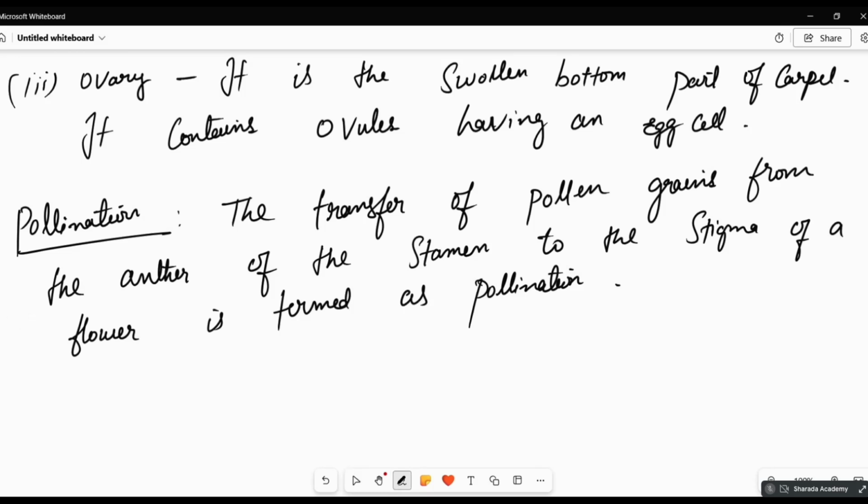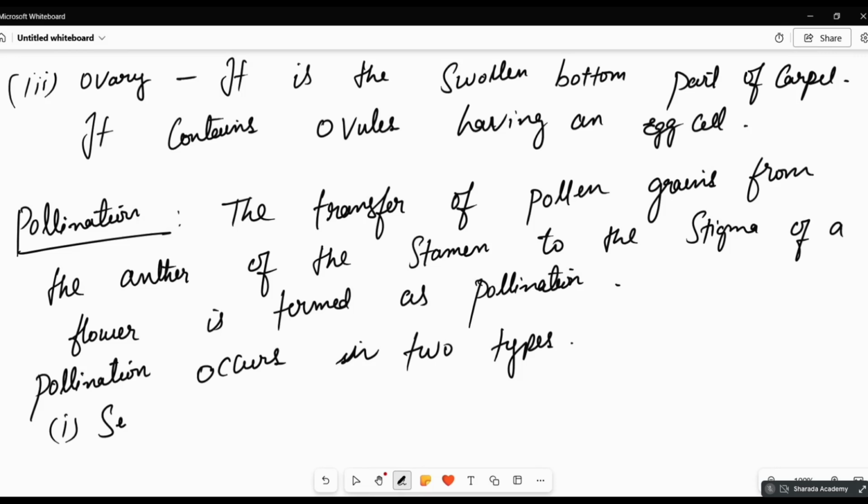In that, you have two types. Pollination occurs in two types. First one is the self-pollination.